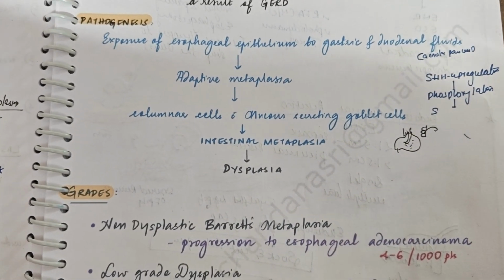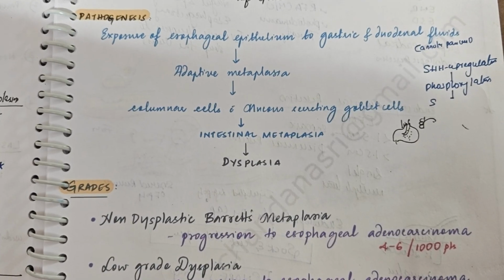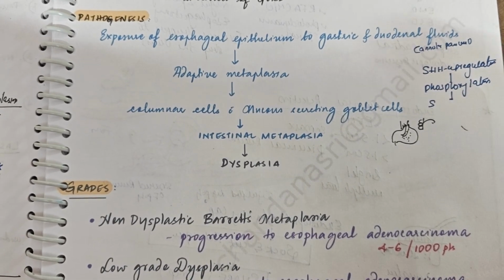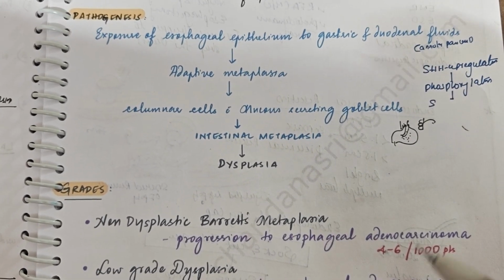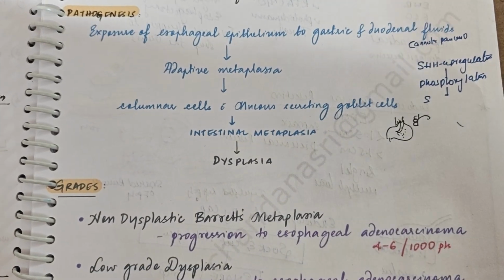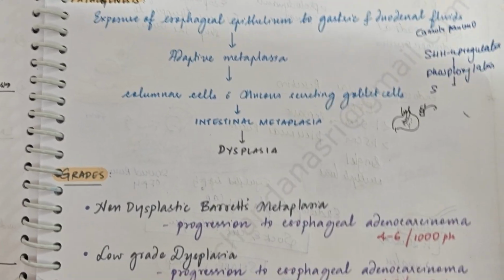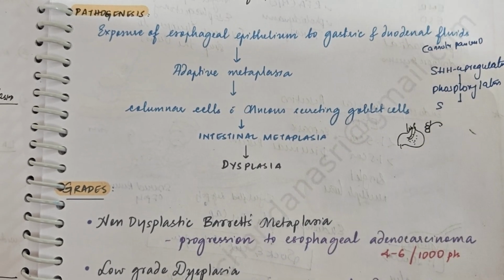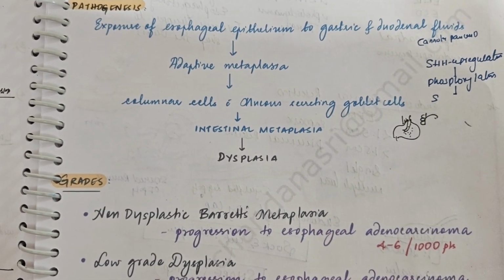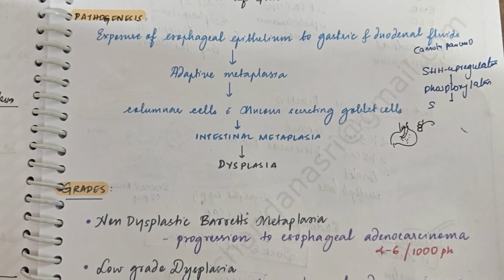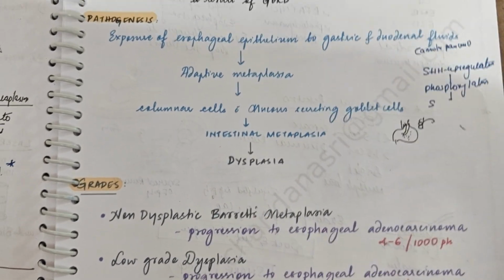That means some cells of the columnar epithelium are poorly differentiated. They don't have a proper structure of the cell, the nucleus, or the cytoplasm.